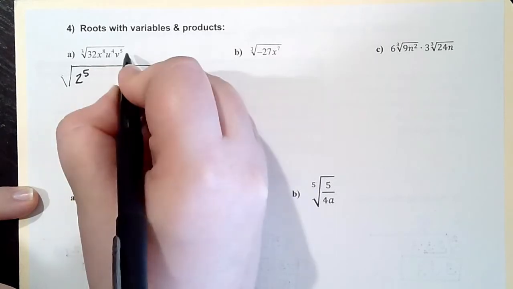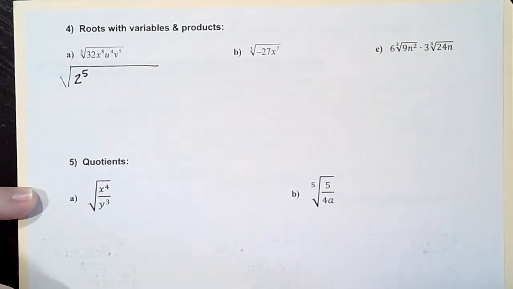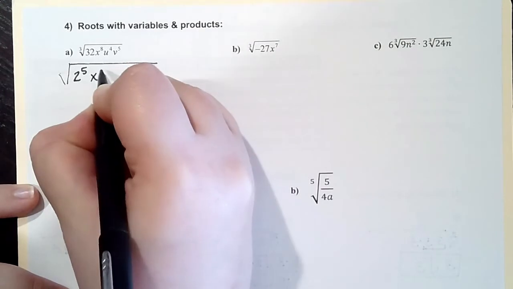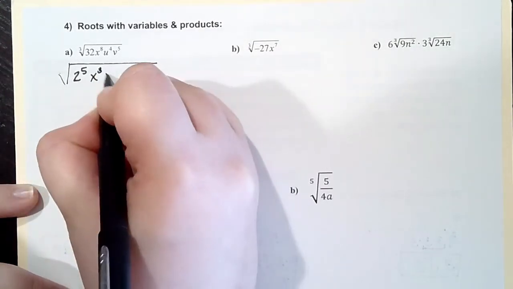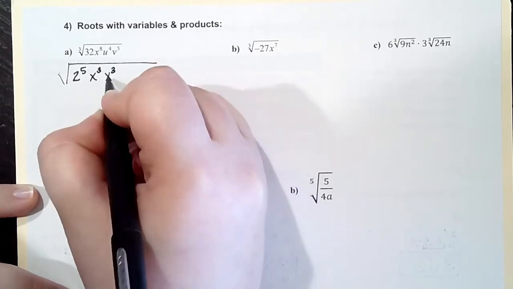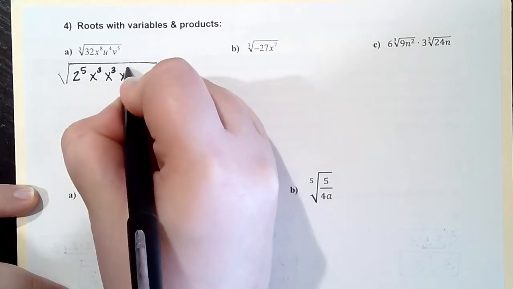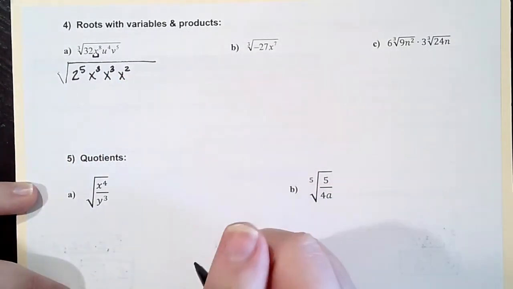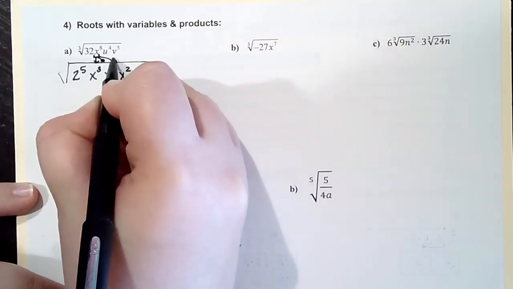But what I am going to do instead is write these out in terms of things that can be uncubed, or taken the cubed root of. For example, x to the third could be taken as an x. Once I've taken those out, I'm left with x squared. So essentially all I've done is take this x to the 8 and break it up into 3 separate terms.